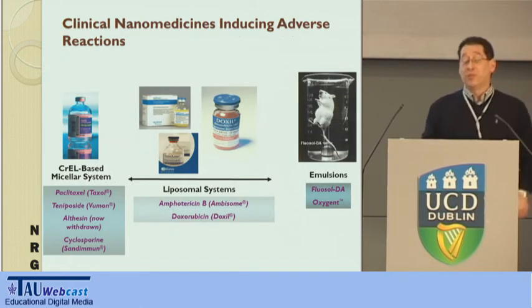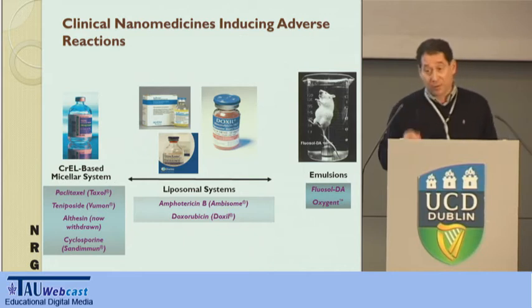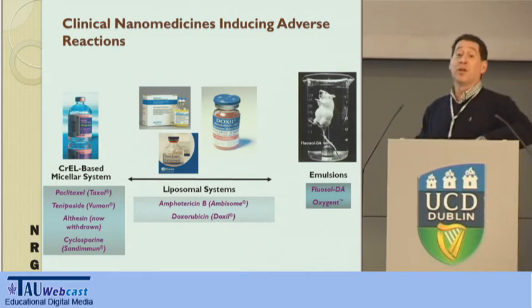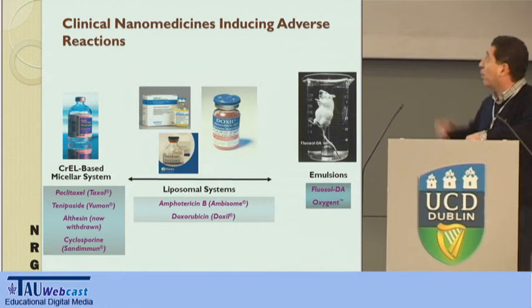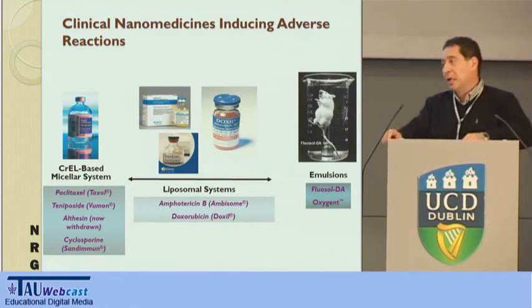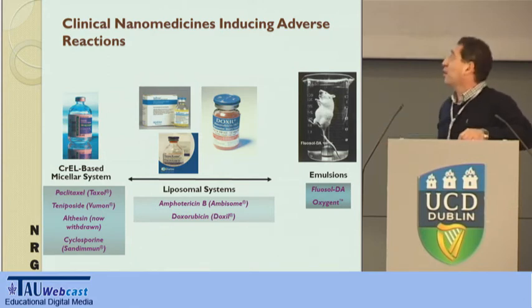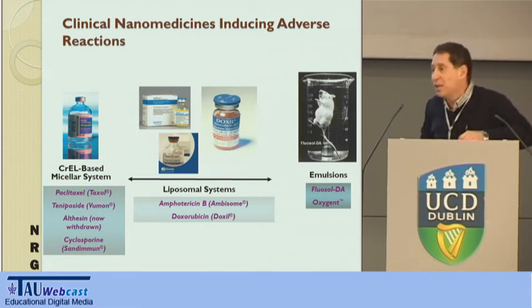But what is very intriguing is that there are a small number of nanoparticulate or therapeutic particulate systems that reach the market, approved by the regulatory bodies. These are some examples. And surprisingly, a selection of patients receiving these materials show symptoms of hypersensitivity or anaphylactic reactions.